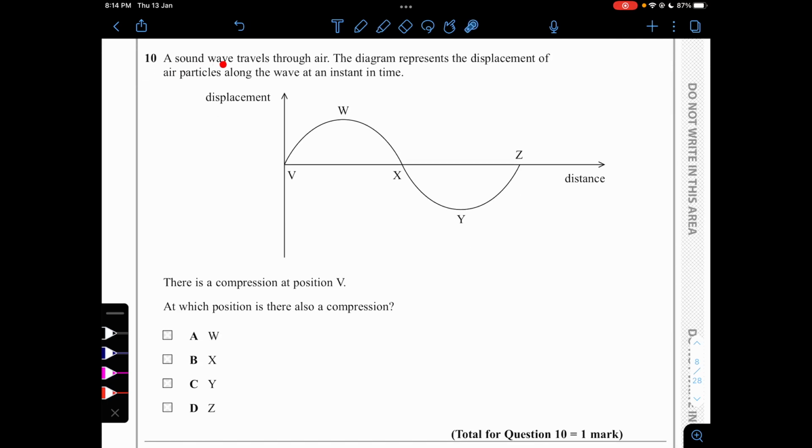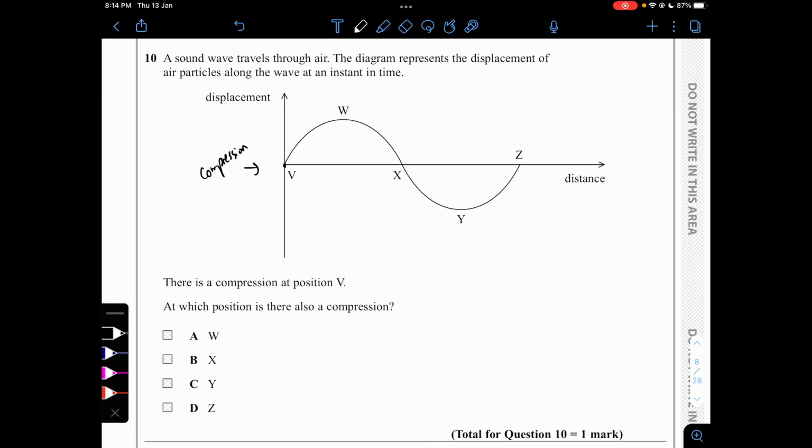A sound wave travels through air. The diagram represents the displacement of air particles along the wave at an instant in time. There is a compression at position V. At which position is there also a compression? Now this is very easy. We start at V, and this is our compression.